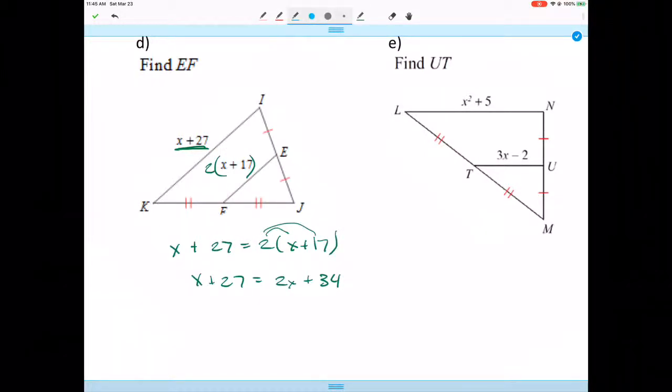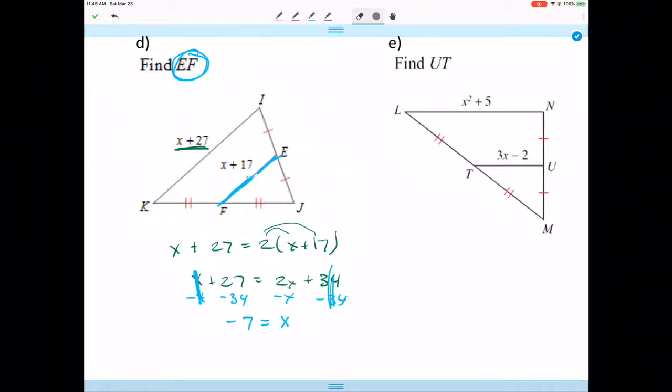I would subtract x from both sides, and subtract 34 from both sides, and we end up getting x equals -7. Then they're asking for what is EF. EF is right here. So we plug this into our equation and get -7 plus 17, which gives us 10. So that would be our answer, 10.